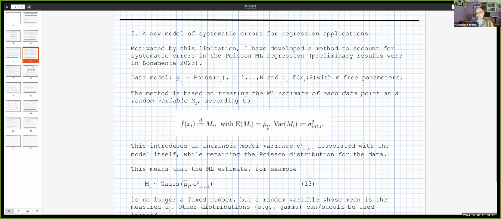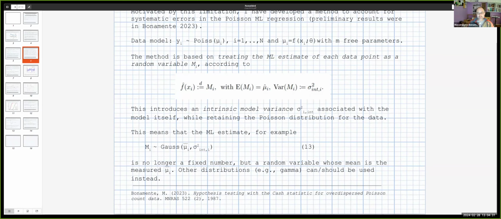The mean of the random variable is actually the maximum likelihood estimator. And now we are going to introduce an ad hoc parameter, which is the intrinsic model variance. Of course, you have to choose a distribution for this new random variable. The Gaussian might seem like a nice option, except that it may lead to negative values which are not meaningful. So perhaps a better choice is the gamma, but that's a secondary detail.